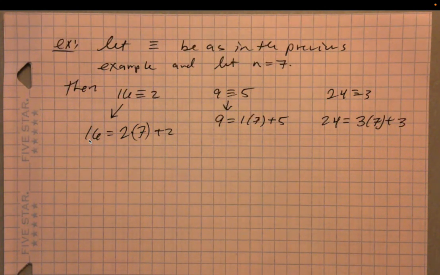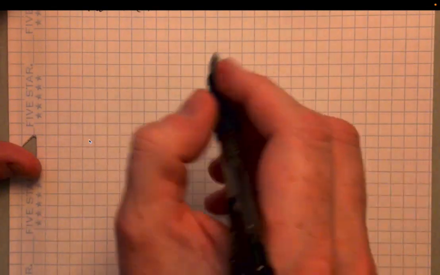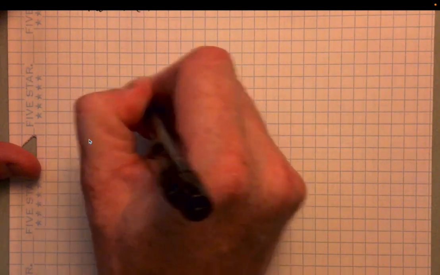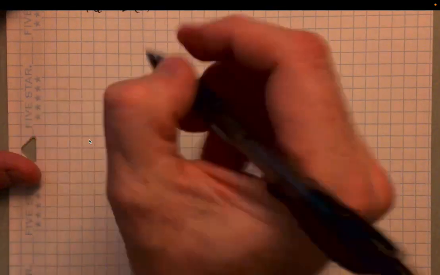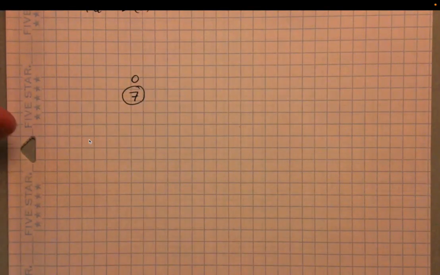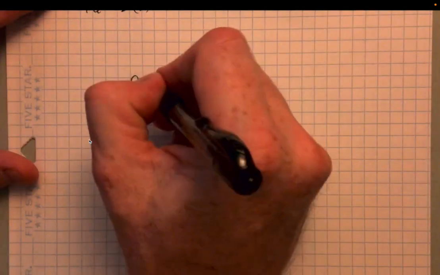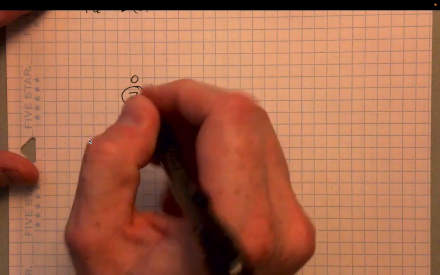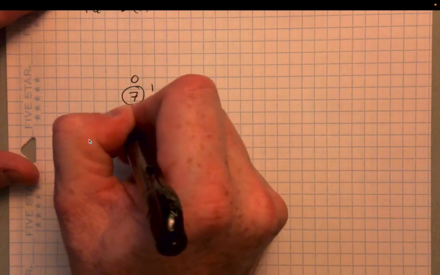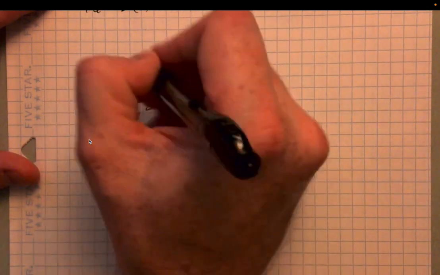All right. Okay, let's list some of the equivalence classes here. We've used this visual, I think we used this in the last lecture. If I have modulus 7 here, and I start to mark off from 0, just count up, where does everything fall? So 0, 1, 2, 3, 4, 5, 6, 7.